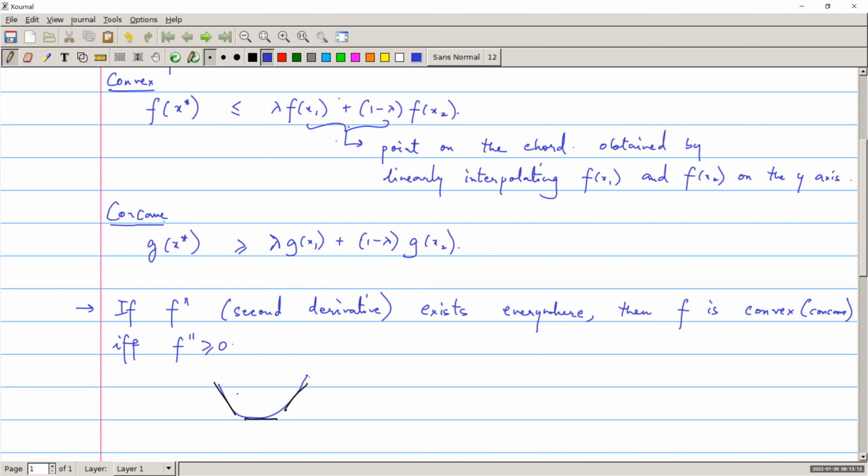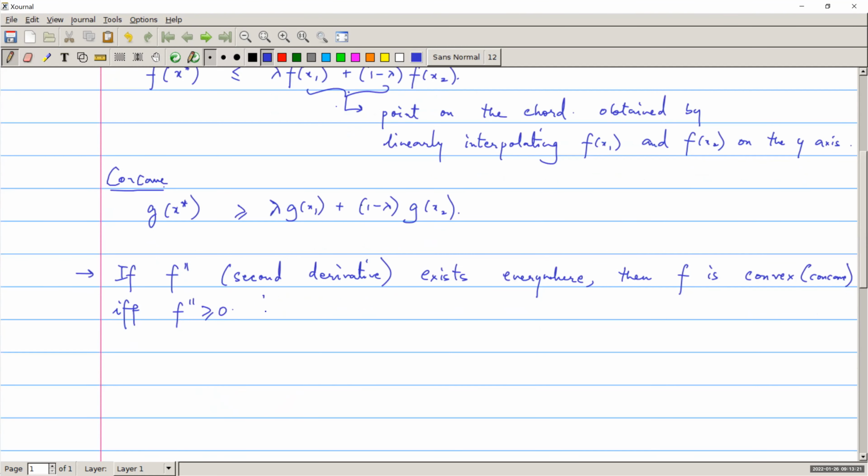It's also easy to see this by just writing the expression from Taylor's series. The same thing for concave functions: the second derivative is always negative, or rather non-positive.